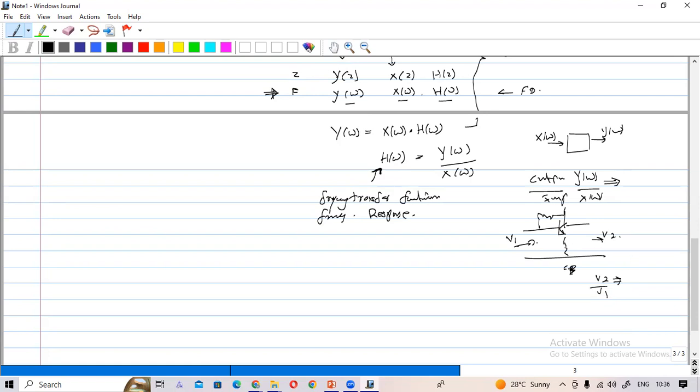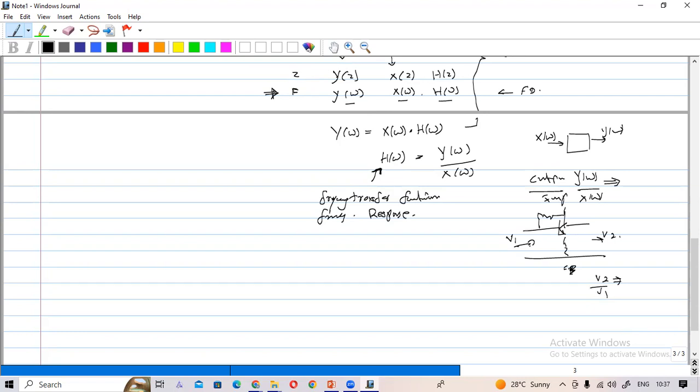In the case of an amplifier, we are normally dealing with voltages. So output voltage divided by input voltage. What is this? Can anyone remember?